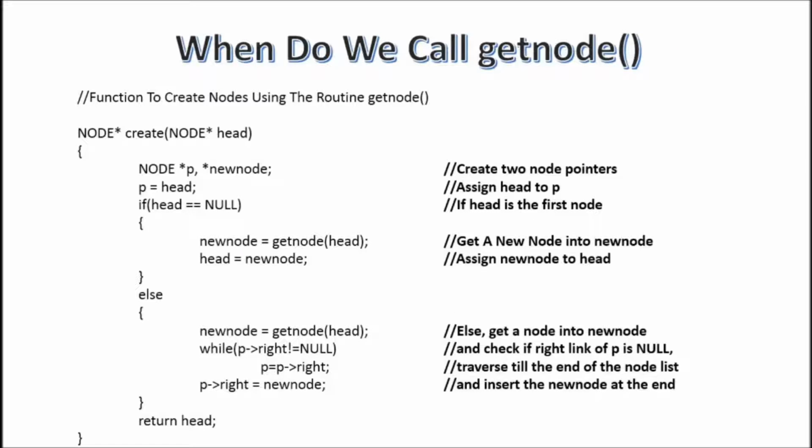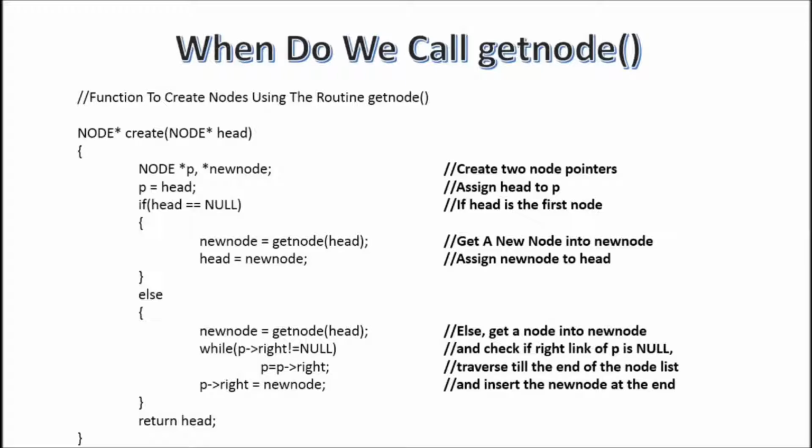So we write another function, another routine, for calling getnode. We write a function called create, and the return type of the function will be node pointer as well, and it takes one argument, that is head, which is of the type node pointer as well. And we create two node pointer variables this time.